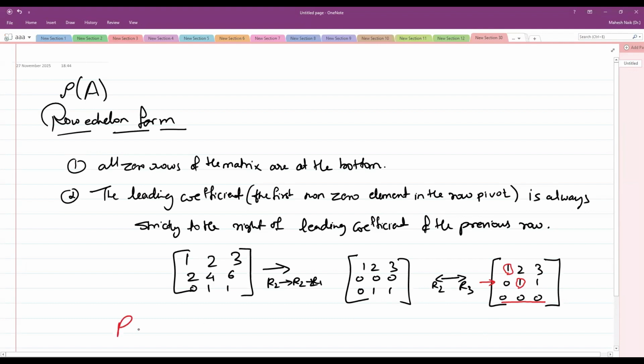But then we have another form called row reduced echelon form, where the pivot element should be equal to 1. So we can do an additional step of some row transformation to convert the same to 1.